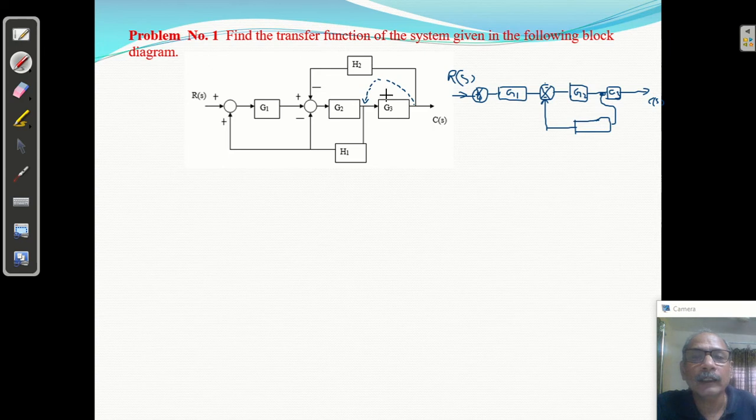So it was already from here. Here it was H1. Okay. And if you shift from here to here, so it will be H2 into G3. And both are negative. So it is negative. So I'm going to add directly here. I'm going to reduce one step. So it will be H2 into G3. H2 into G3. So just I'm going to change it.